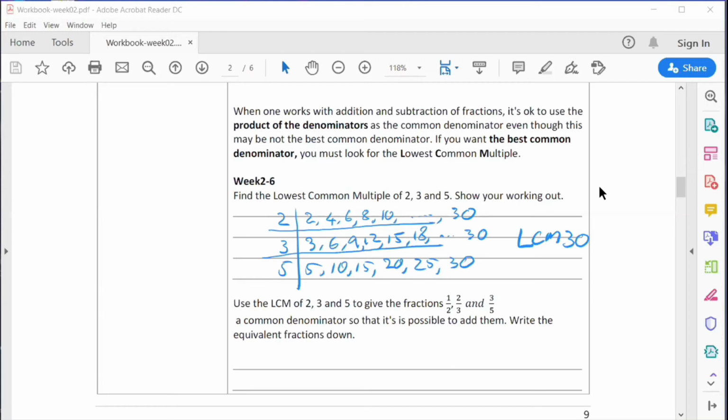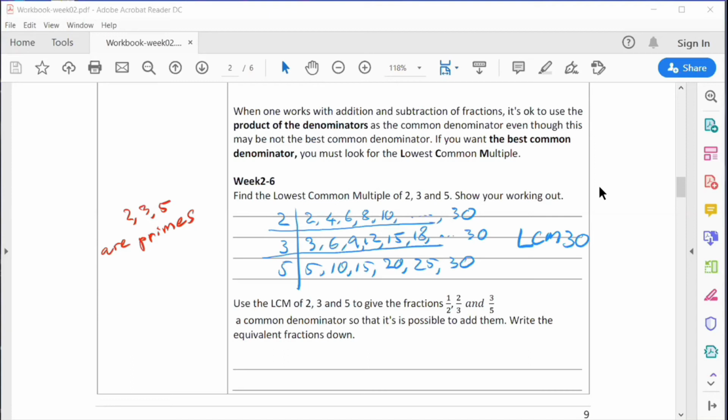Now, there's something interesting here. You notice that 2, 3, and 5 are primes. Did you guys notice that 2, 3, and 5 are prime numbers? Any of you notice that?